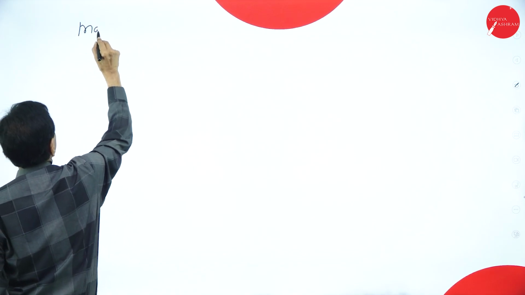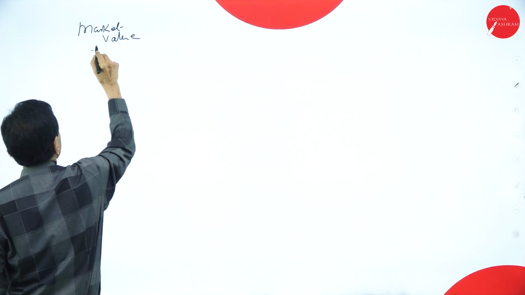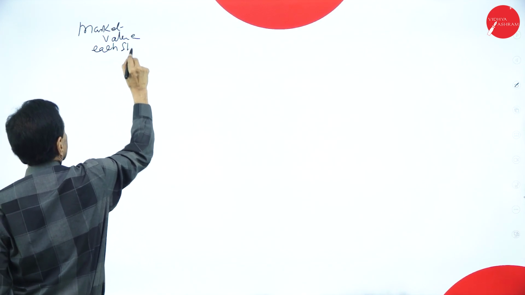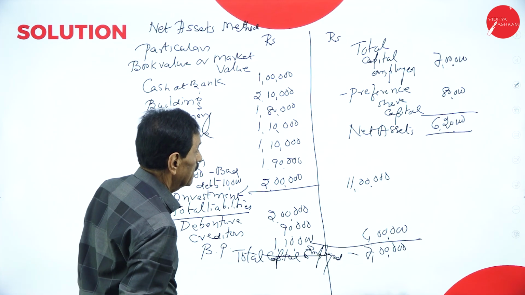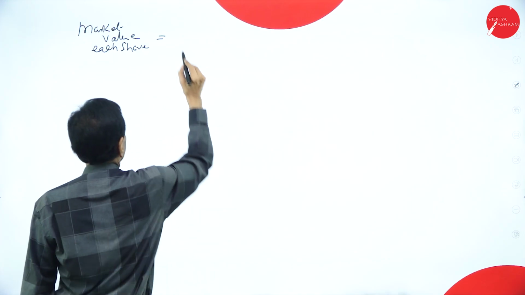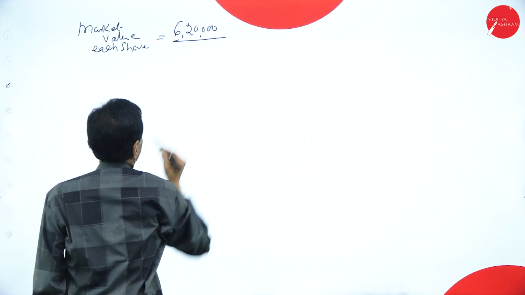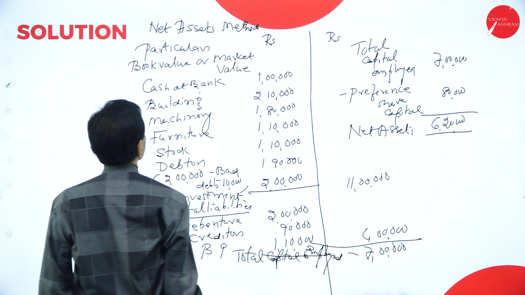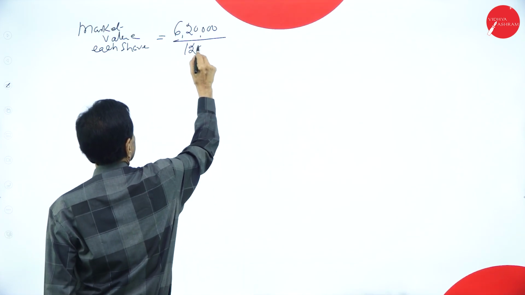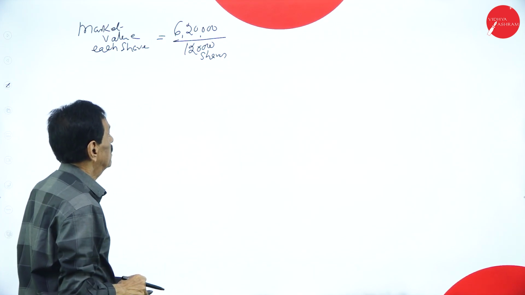Market value of each share is equal to, what's your net asset? 6,20,000 net asset divided by number of equity shares. What's the number of equity shares? 12,000 shares.